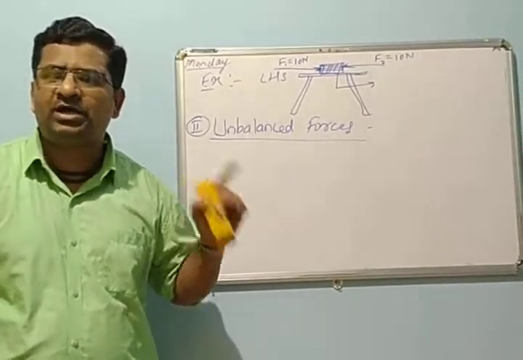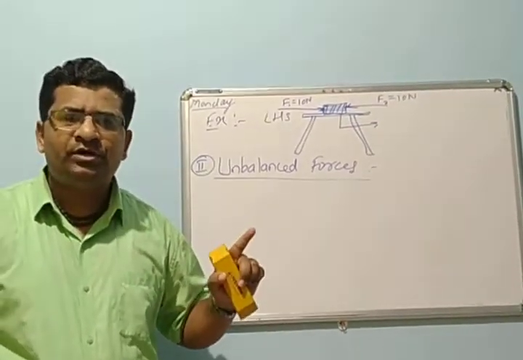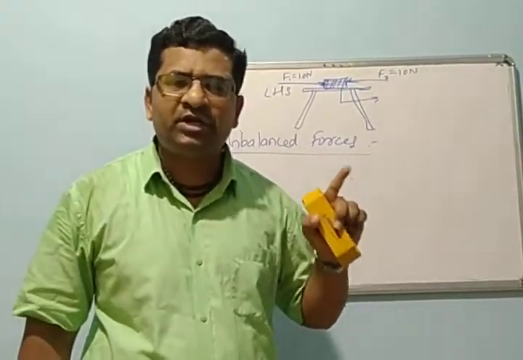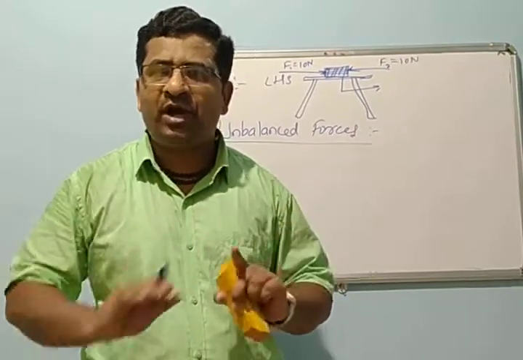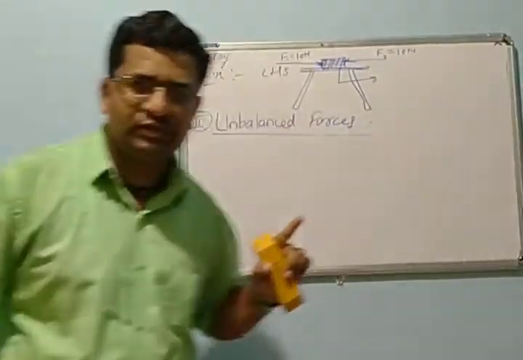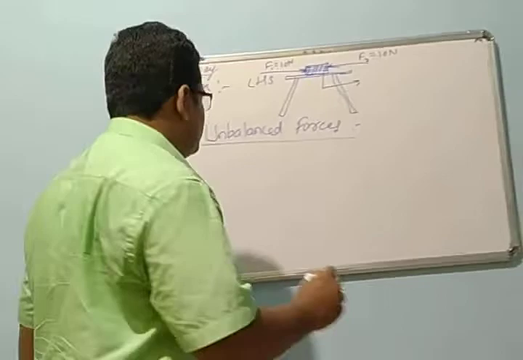Unbalanced forces are the forces which, after being applied on a particular object, if the object has shown a displacement on either side or any side, then the applied forces are called unbalanced forces.